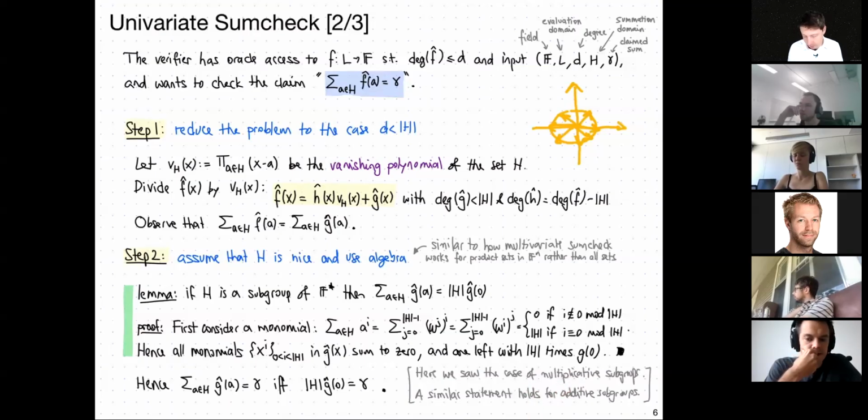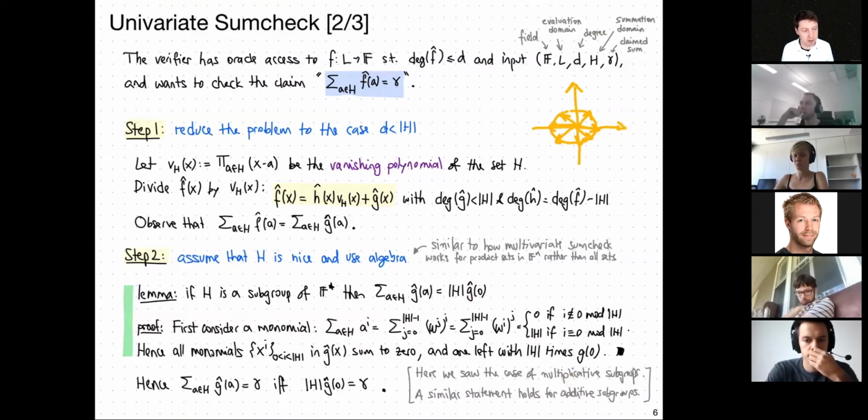By the way, just for your interest, for those of you that like finite fields and cute math symmetries, there's a similar statement that holds if H is an additive subgroup of a field. So think about maybe a vector space in F to the n. What is going to matter is actually the highest coefficient, not the lowest coefficient.